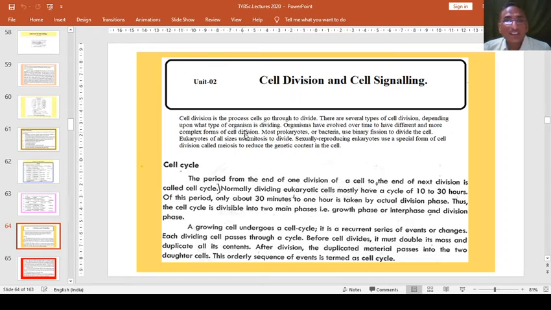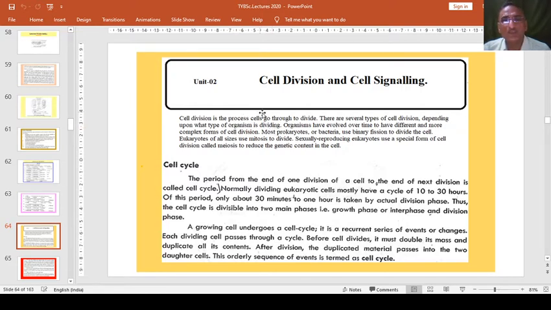Cell division is the process a cell goes through to divide. There are several types of cell division depending upon what type of organism is dividing, because every organism has different types of cells, and these cells have different structures, shapes, life, and number of chromosomes.